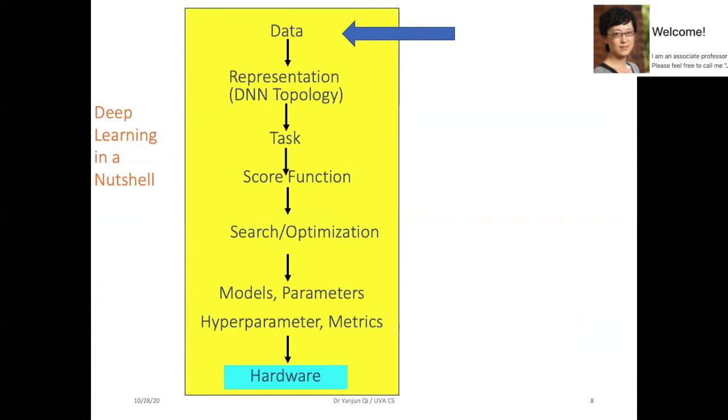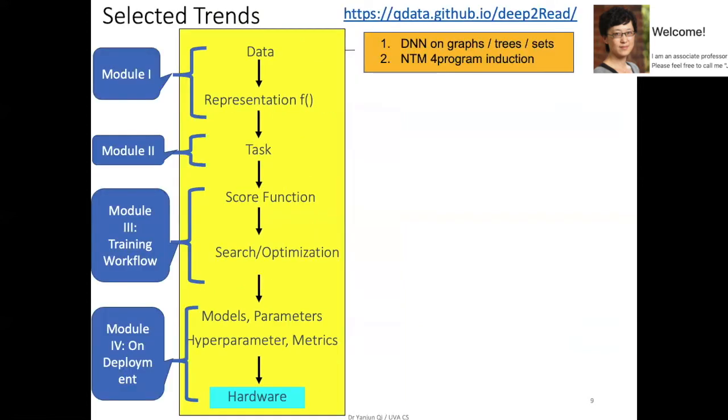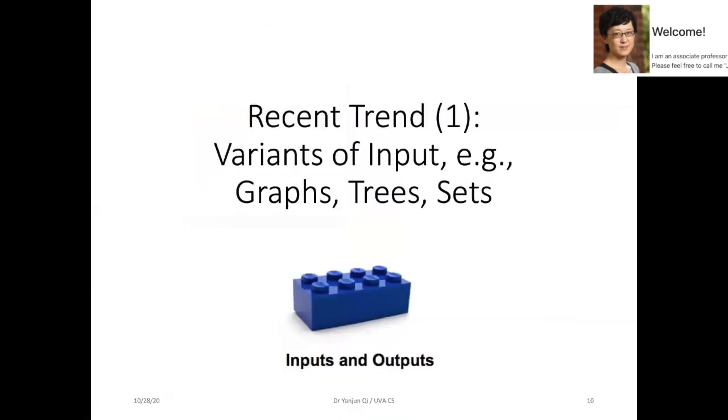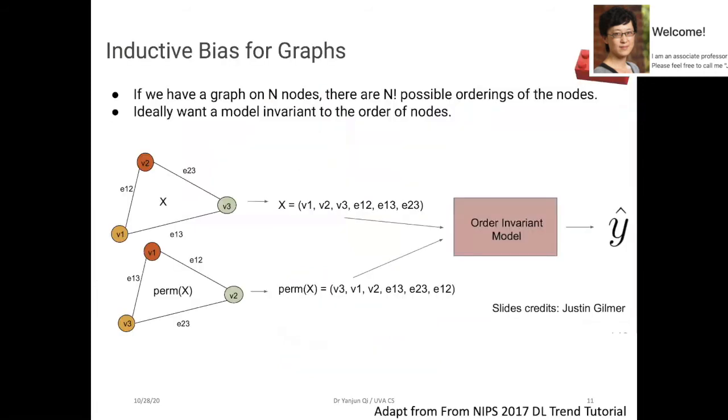So the first trend is data. Here we're going to talk about deep learning on graphs and deep learning on programs. Essentially, on graphs, the most intriguing property that previous classic neural networks do not handle is order invariance. In a graph you have V1, V2, V3, but you can permute the order of the nodes and it's still the same graph, right?